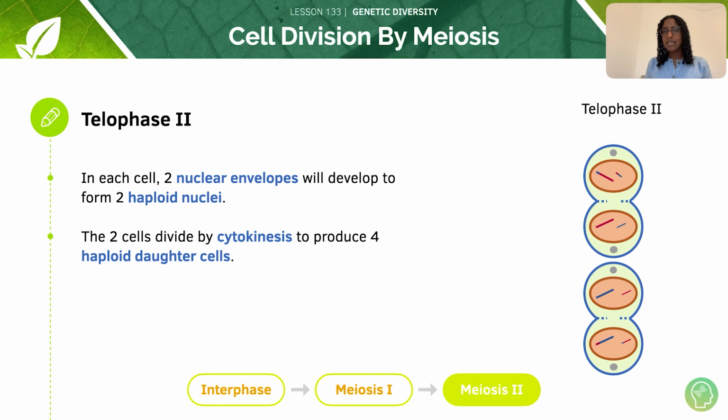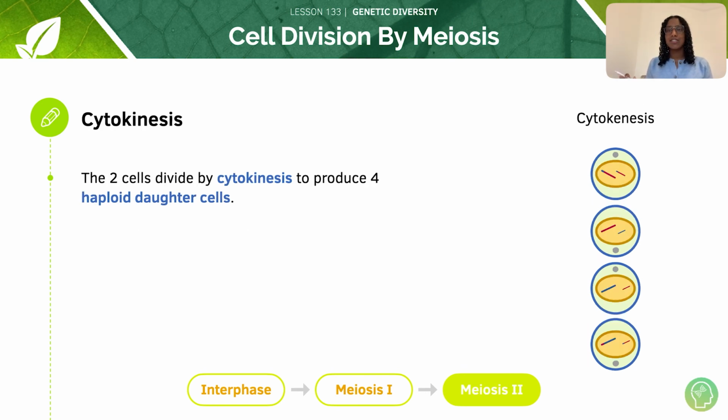Now, what is cytokinesis? This is just when the cytoplasm of the cells divides to produce 4 haploid daughter cells. So this means that overall, we've gone from having our diploid cells to having our haploid daughter cells.